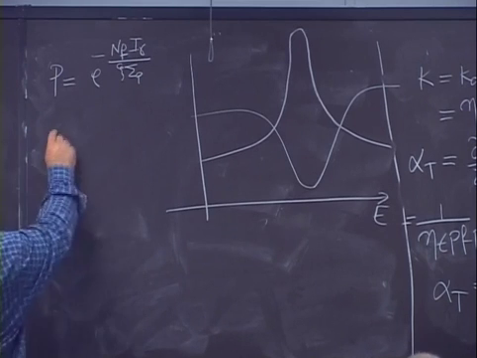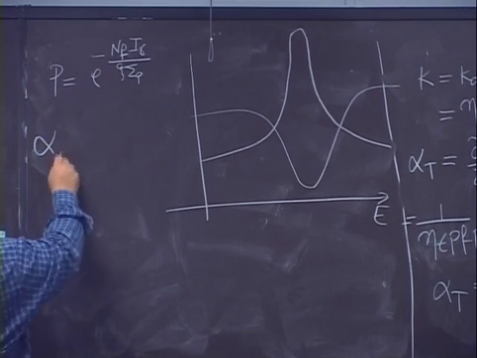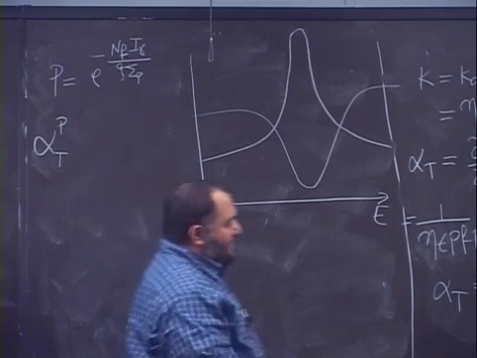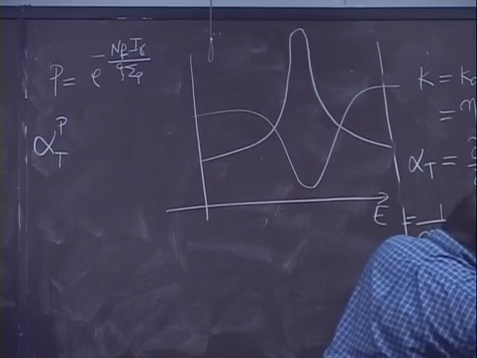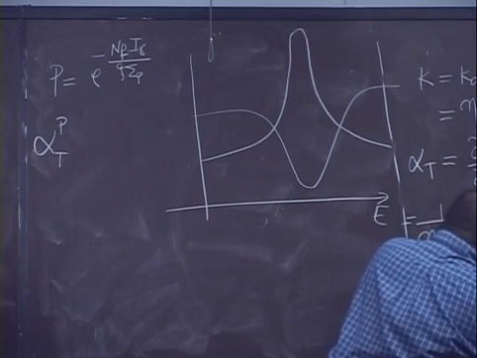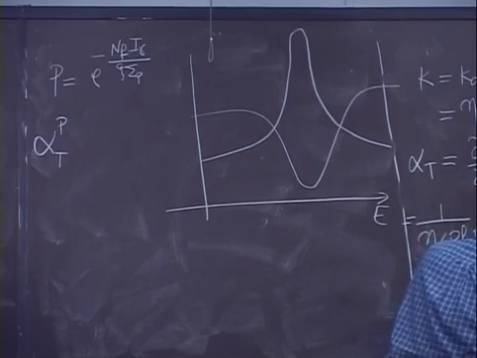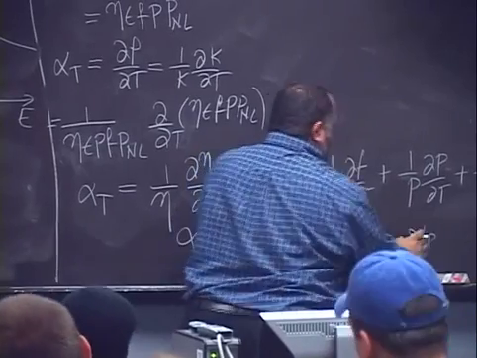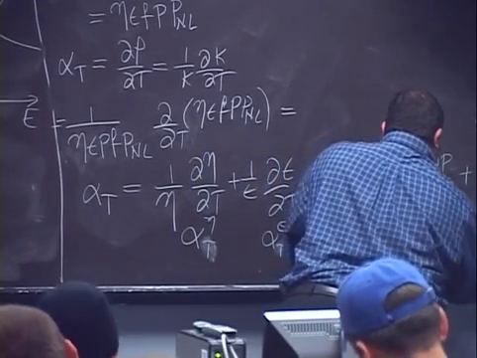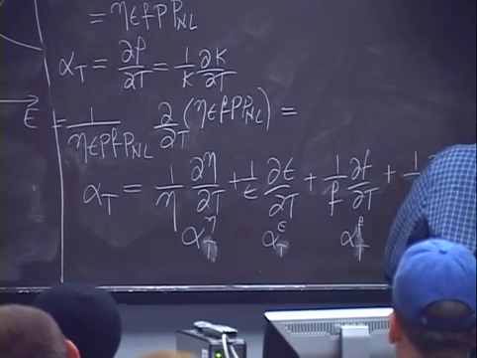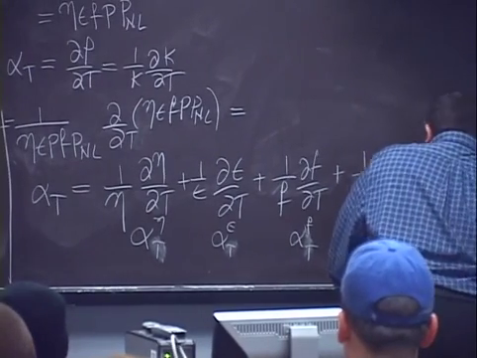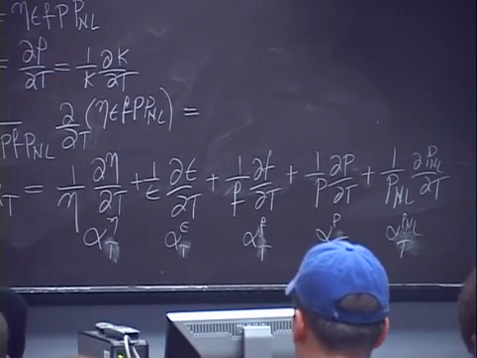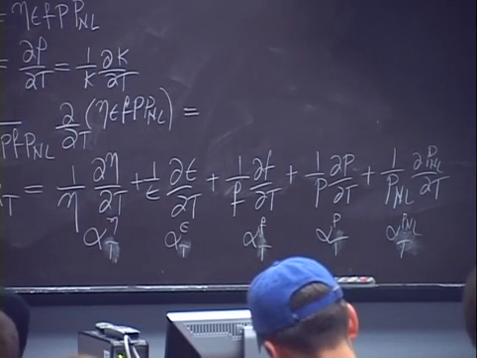So if we want to evaluate alpha_T^P, instead of this, you can write it with the same acronym as the book: alpha_T, where the subscript is temperature and the superscript is the parameter that you have.